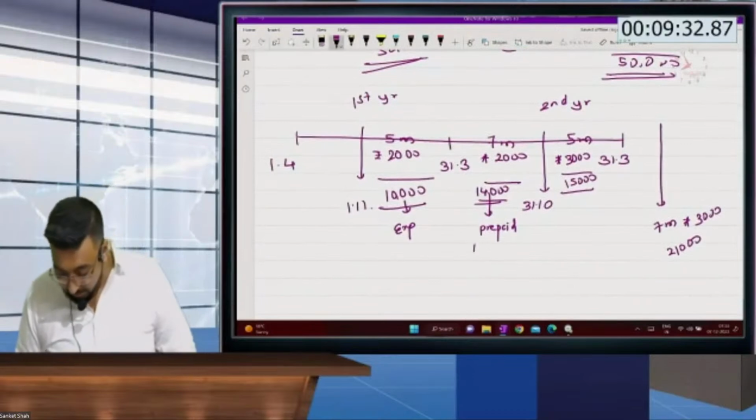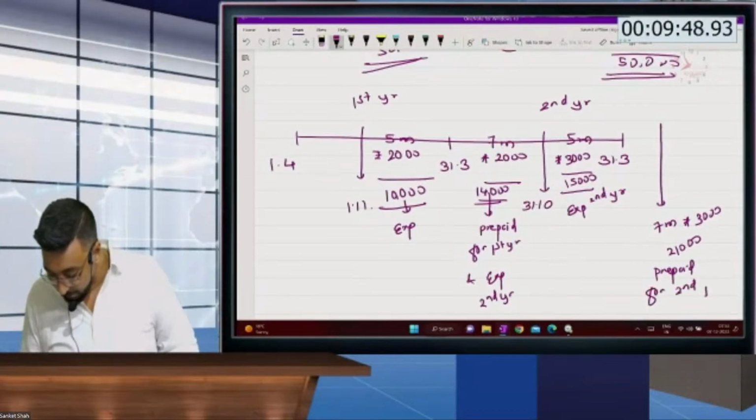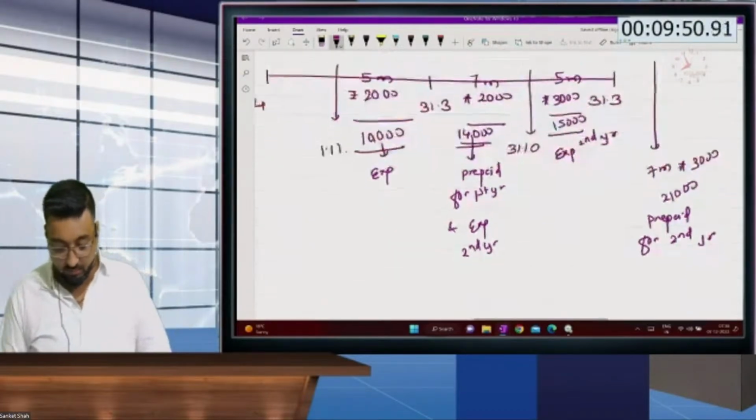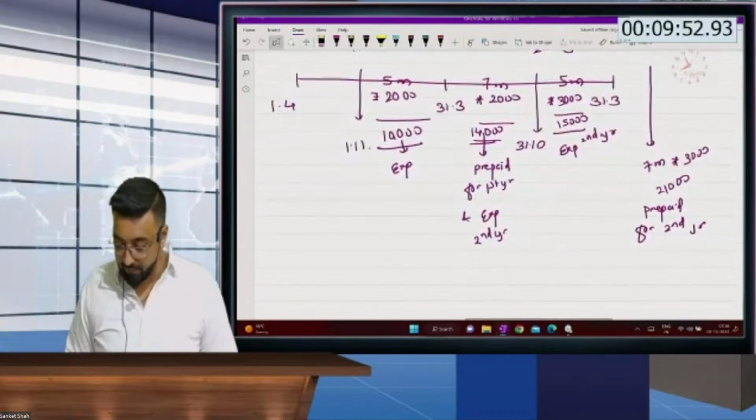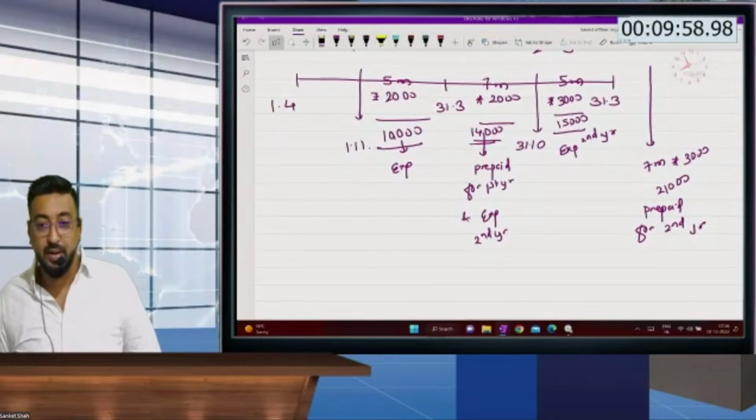Now this is prepaid for first year and expenditure for second year. 15,000 expenditure for second year. And this is prepaid for second year, 21,000. So this is the diagram. So first year my expenditure is 10,000 and 14,000 is prepaid.